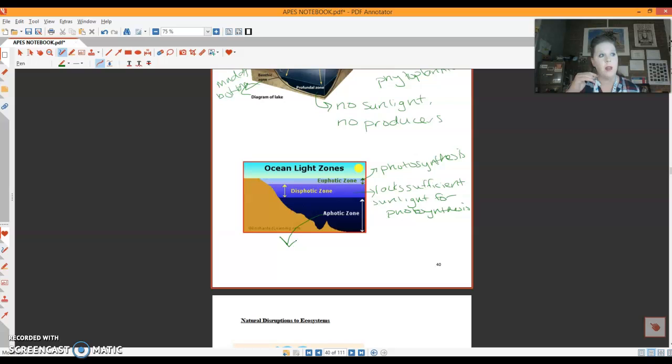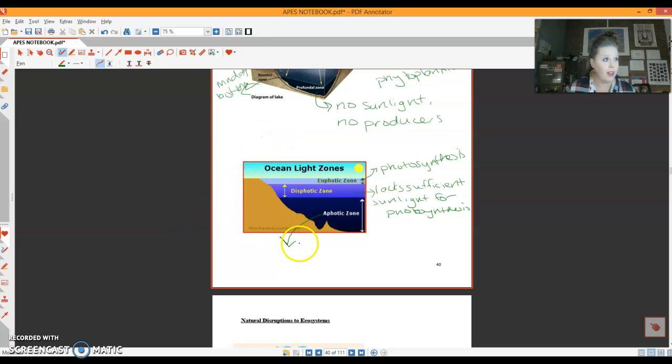So a lot of bacteria specifically that live in these levels have evolved to another process called chemosynthesis. It allows the bacteria to go through a similar process to photosynthesis, obviously without sunlight, but it uses methane as its main energy source instead of the sun.